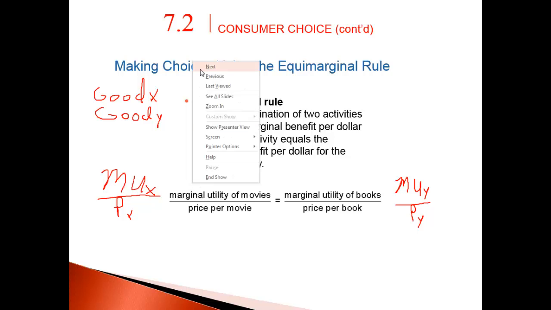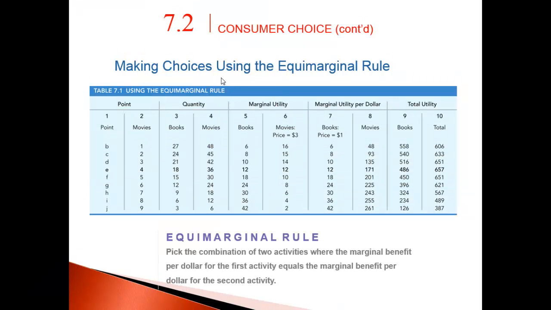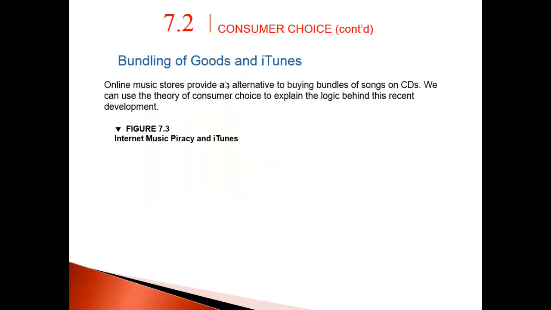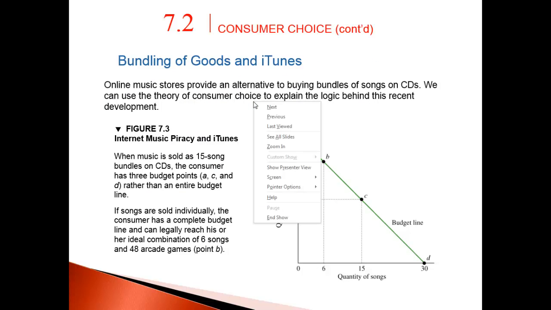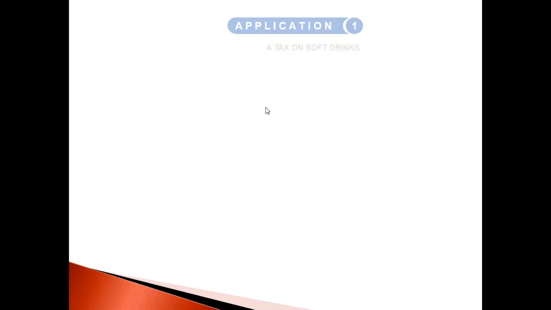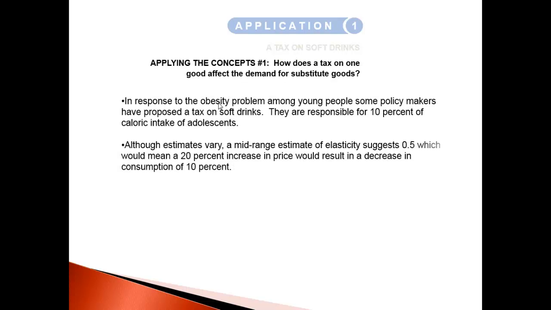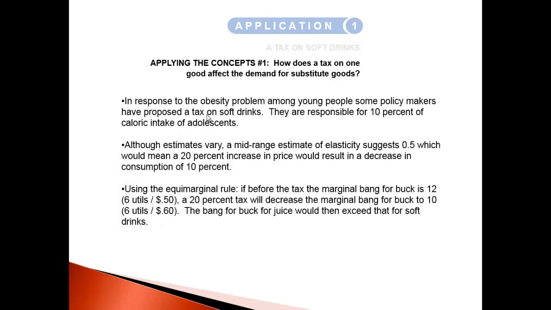So on the next slide, I'm going to go a little bit further. I'm going to skip through a few because I want to show you an example. Alright, this application is actually in your book, it's application 1, chapter 7. In response to the obesity problem among young people, some policymakers, those in Congress, have proposed, and specifically in New York City, the mayor proposed a tax on soft drinks.